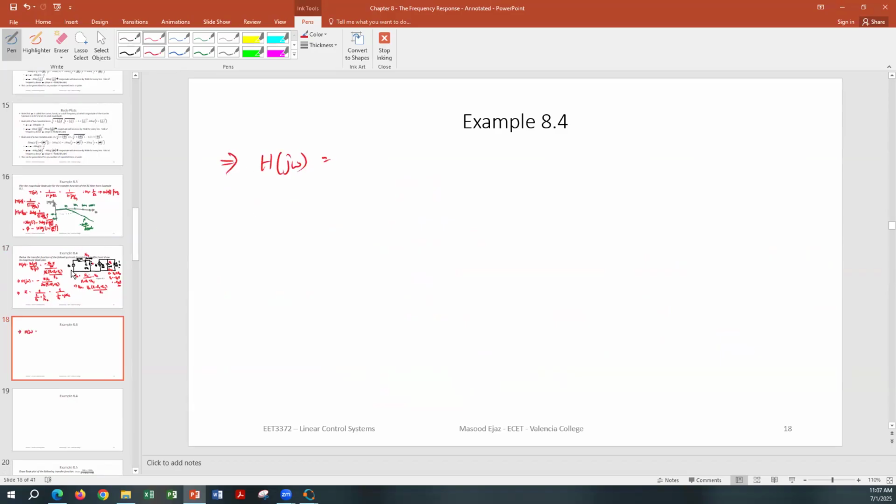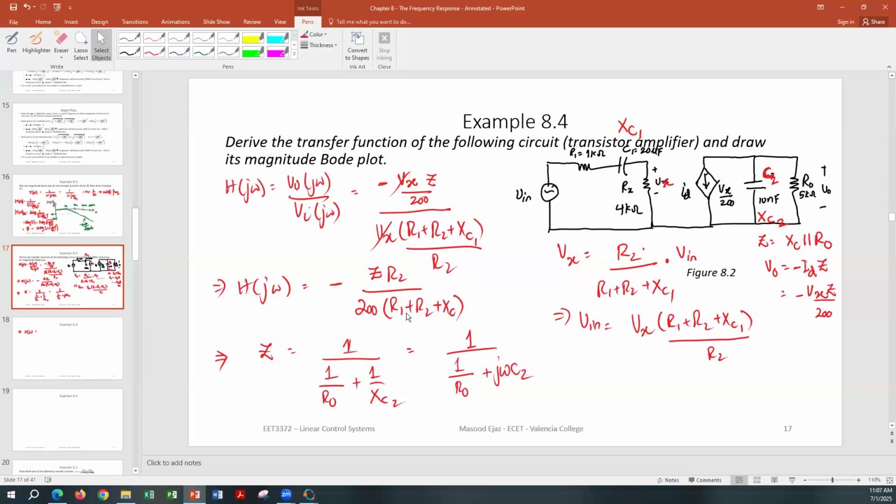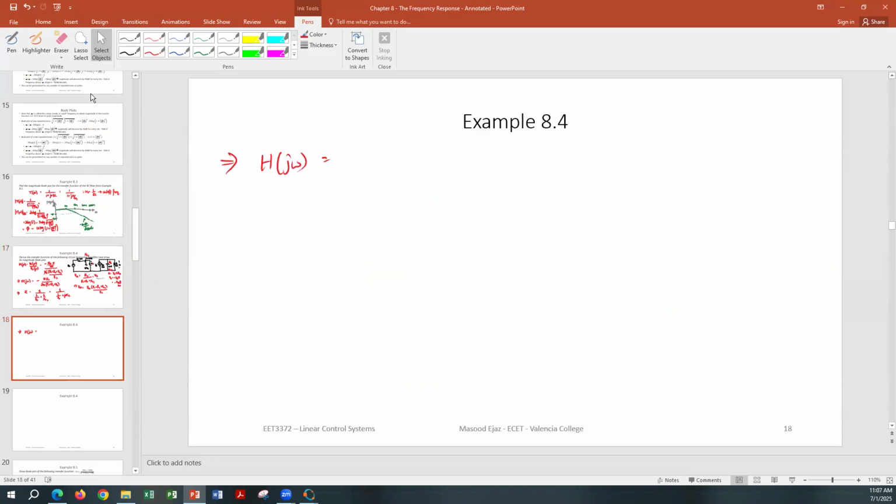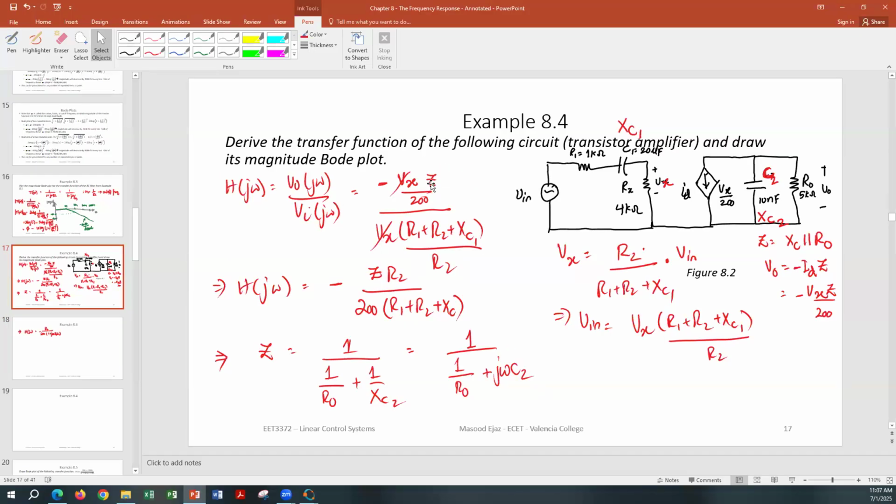So H of j omega is 1 over, so R out over 1 plus j omega R C2. R out, negative R out j omega C2, and R out is going to be dropped.